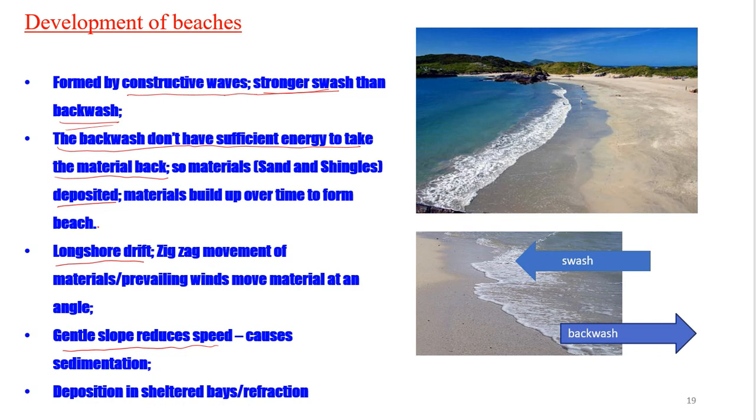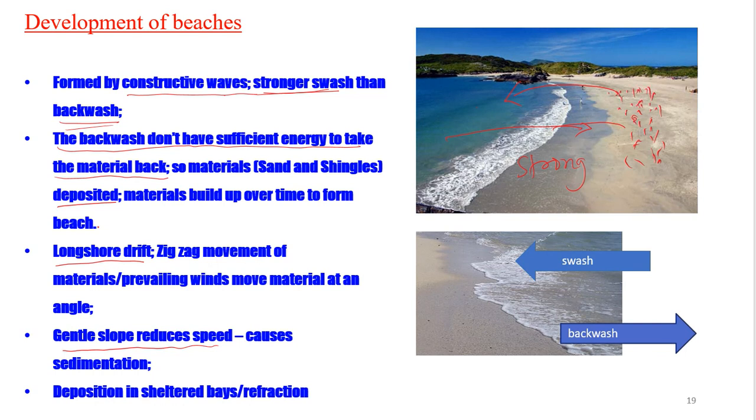So what this means is, the swash, the incoming wave, is strong. Because it is strong, it brings along with it a lot of materials. These are the materials now. The backwash is weak, so it does not have sufficient energy to carry this material back into the sea. So this material tends to deposit here.